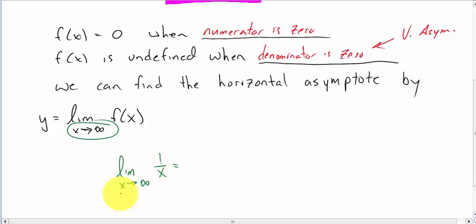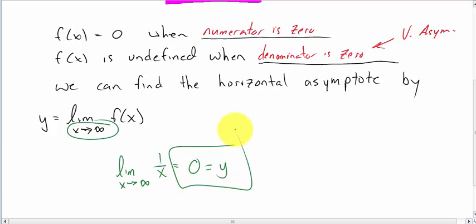As x gets huge, we're taking 1 over bigger and bigger numbers, so this is effectively becoming 0. As x gets bigger and bigger, 1 over x gets closer and closer to 0, so we say its limit is equal to 0. And that was the horizontal asymptote.